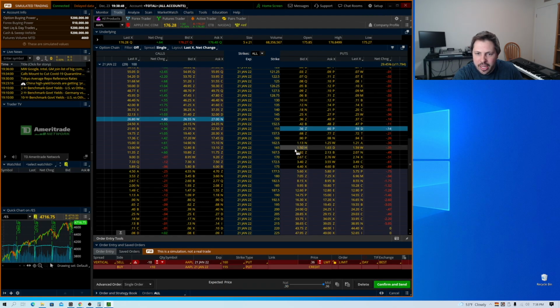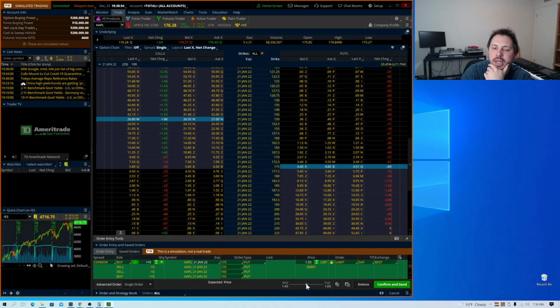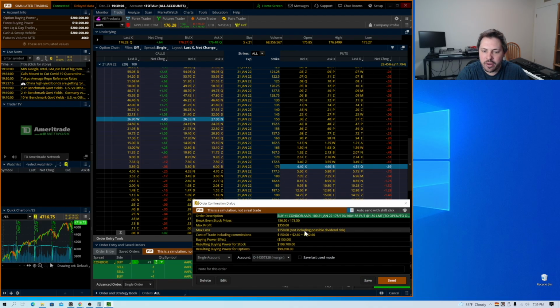Then we sell the 170 and buy the 175. Now this creates a long put condor where our risk on the one lot is $150. So with the 5-point spread, the risk is 150 to make 350.